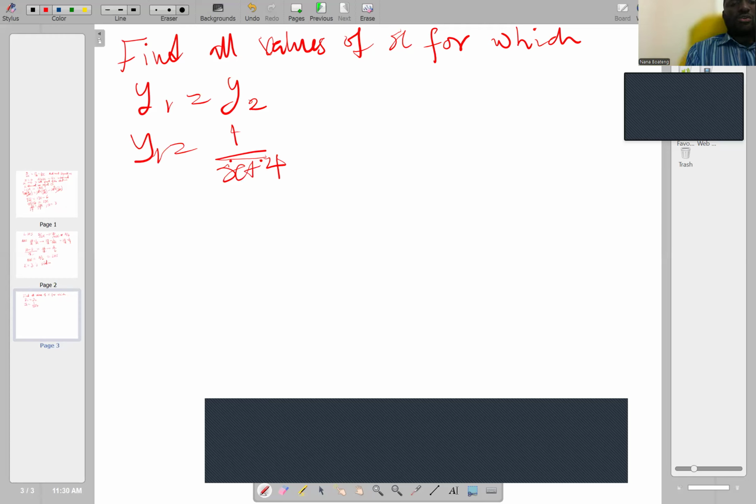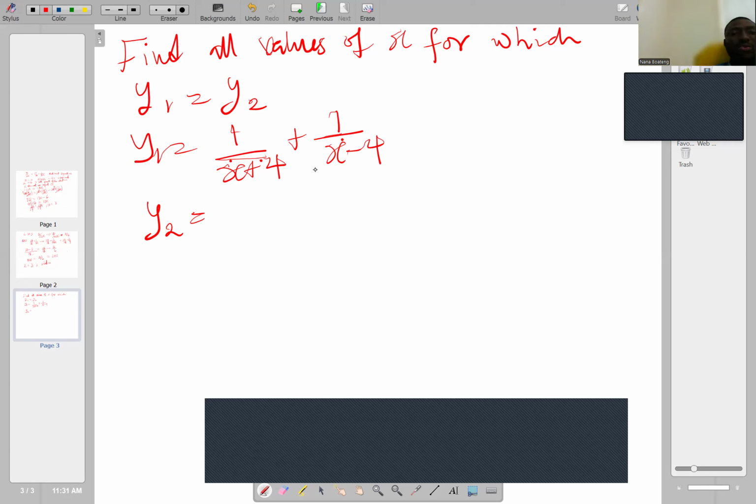And y2 is equal to 22 divided by x squared minus 16. All right, so we have to find the values of x for which y1 is equal to y2.